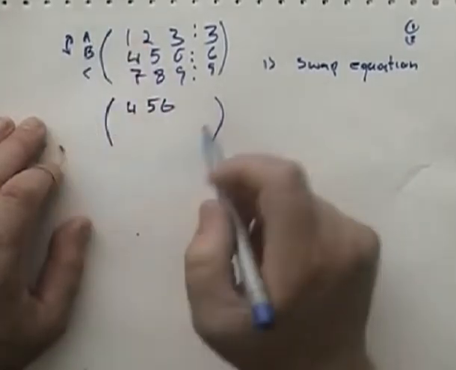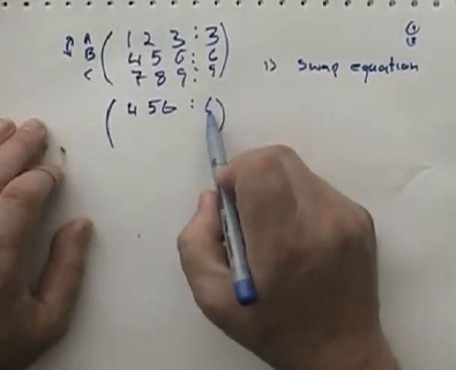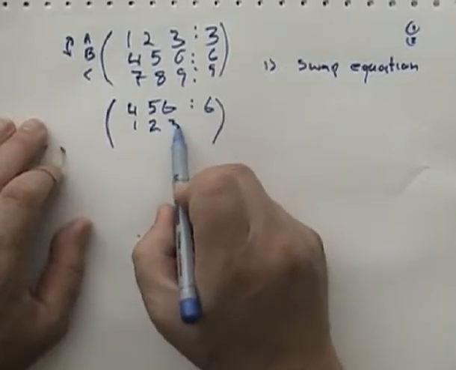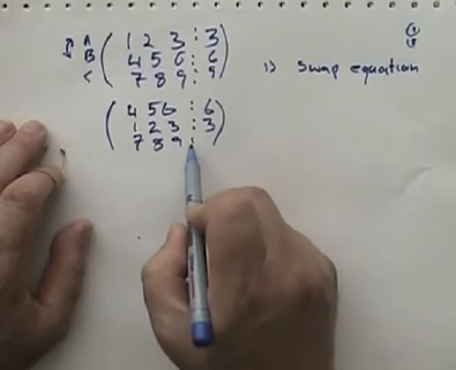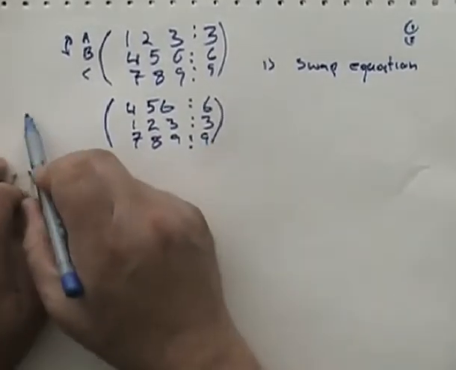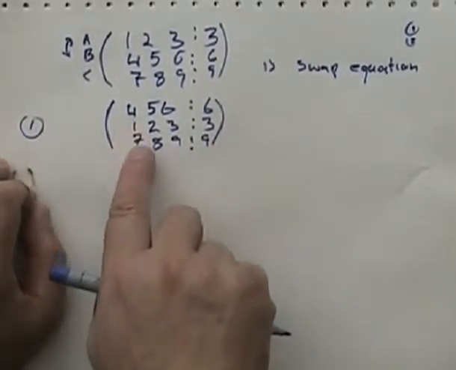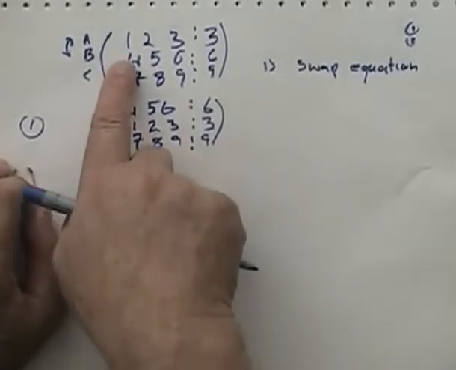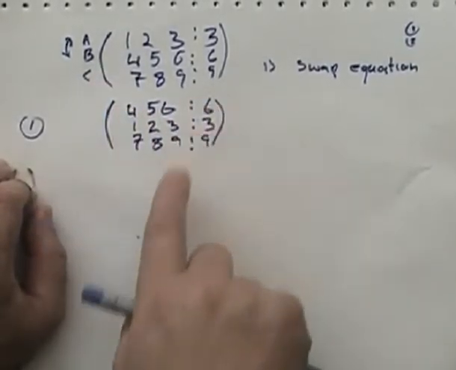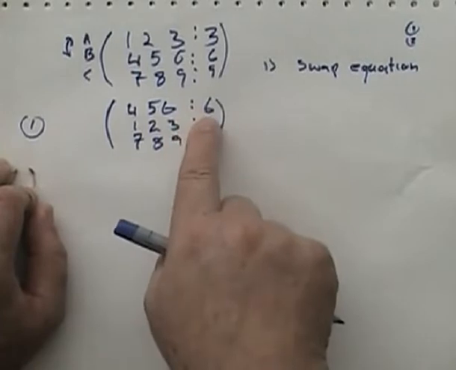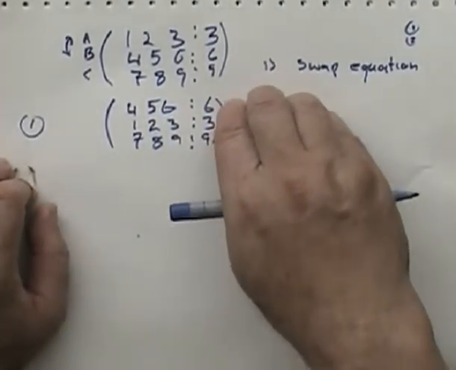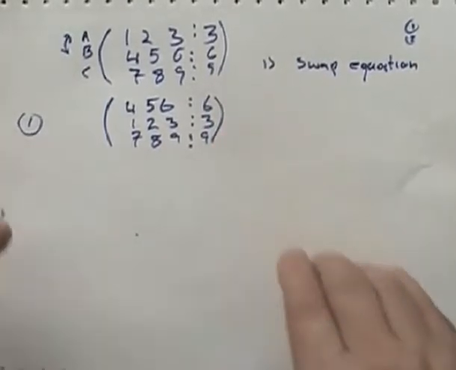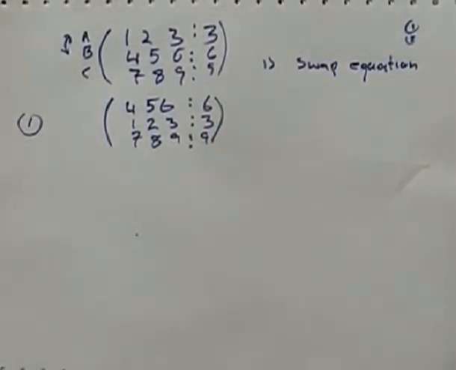So I shift this up. 6, 1, 2, 3, 3, 7, 8, 9. So that's rule 1. And as you notice, just because I shifted this equation from there to there, this is still true. 4, 5, 6 is still equal to 6. So it doesn't matter which row I put the equation on, that equation is still going to be the same as it started.